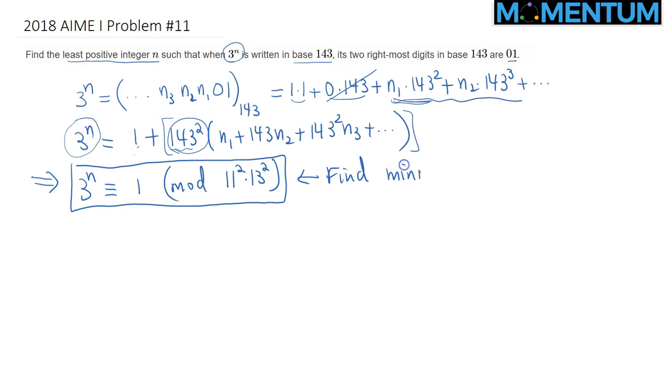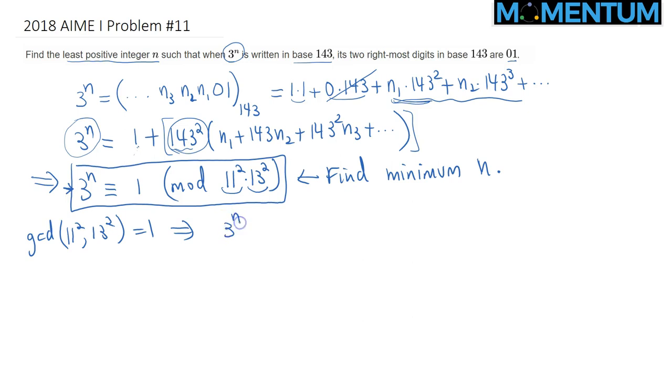So therefore the whole question is asking to find the minimum n that satisfies this. At this stage, we realize that 11 squared and 13 squared are relatively prime. The greatest common divisor between 11 squared and 13 squared is 1. It is suggesting that we can split this into a system of congruences in the spirit of the Chinese remainder theorem.